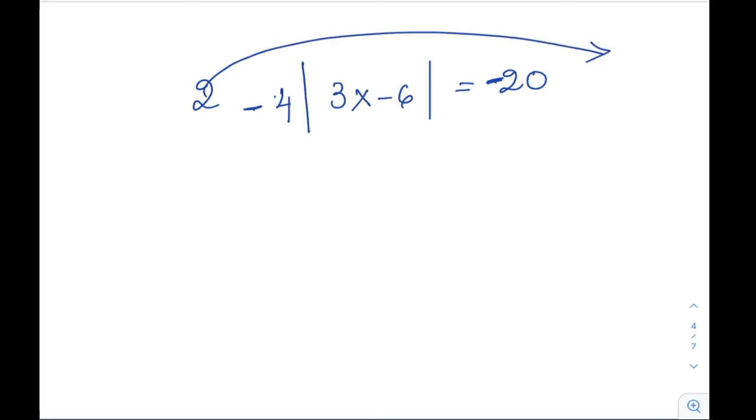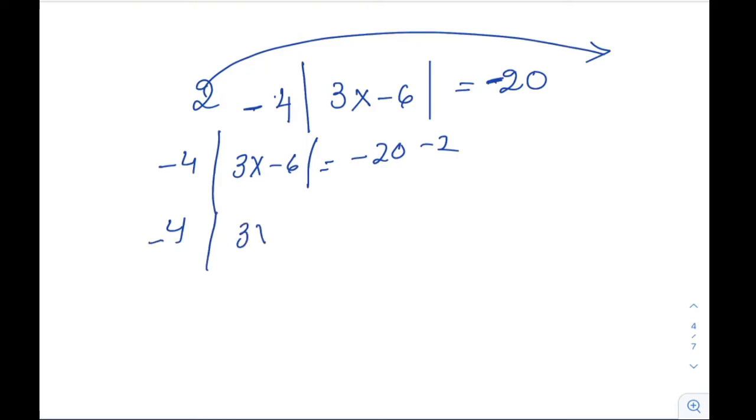Take the 2 to the other side, so it becomes like this: -20 minus 2. And this will be -4 times the absolute value of 3x minus 6 equals -22. Still, we cannot judge because the -4 is multiplied by the absolute value.